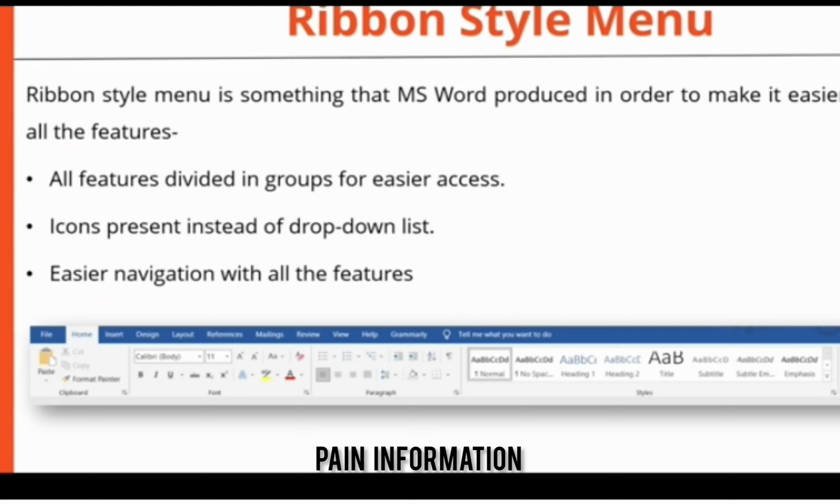As I was saying, if you're scrolling through the features and functions looking for it, you're going to be wasting a lot of time instead of completing a task. Well, that should not be happening, right? This ribbon style menu helps you in easily navigating through all the features. Yeah. So let's go over to the home ribbon menu.